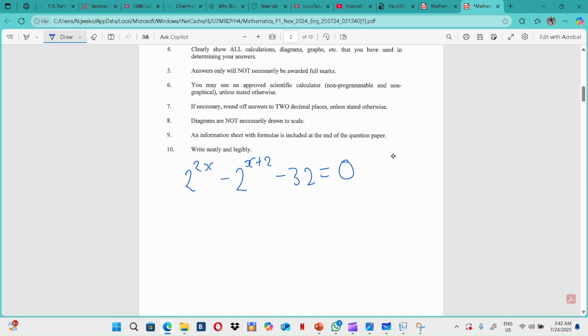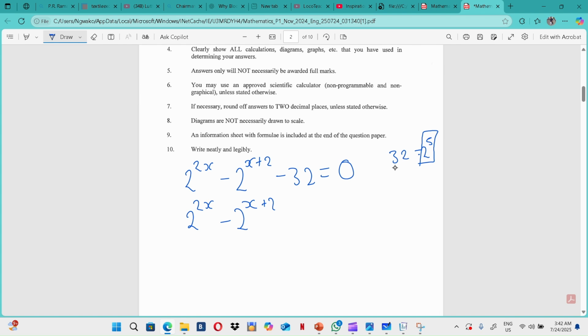So on my calculator, I get 32 is equal to 2 to the power 5. It's very important to know this because that's the reason why you want to solve this whole situation here. So now, 2 to the power 2x minus 2 to the power x plus 2.